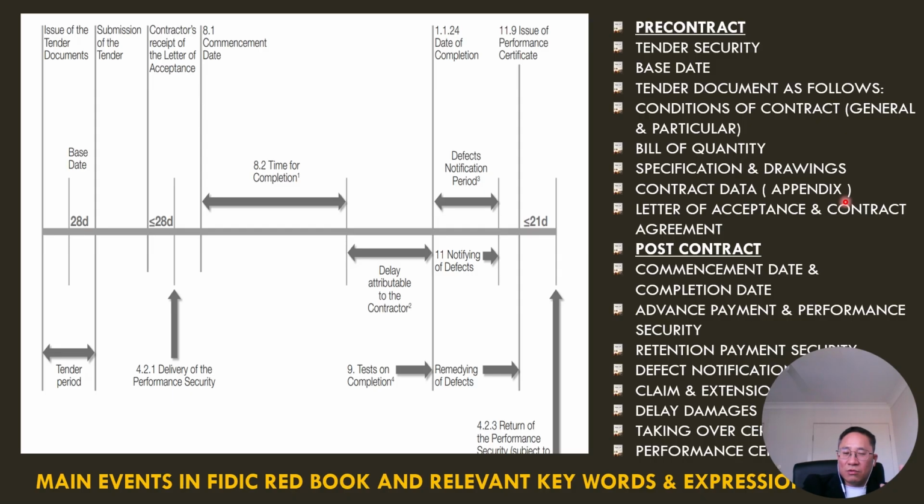This is quite important because it highlights all important conditions that the employer wants to remind the tenderers of, and they want to ensure all tenderers are aware of the contract data conditions and incorporate these requirements into the tender price.